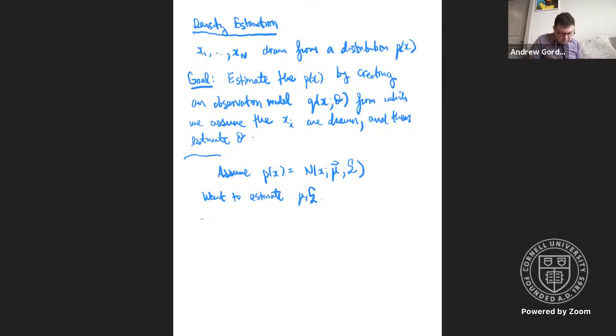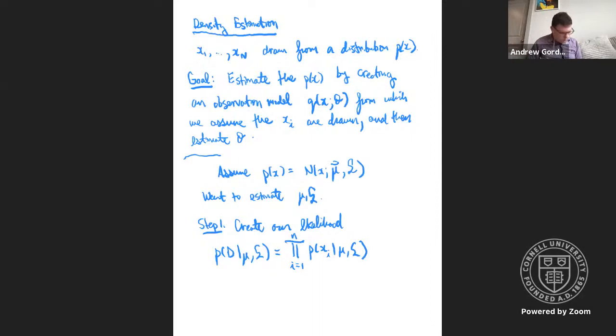So step one, just like before, let's create our likelihood. So the probability of the data, given these parameters, if we assume that they've been sampled independently from this distribution, is just going to be a product over the xi's, which is going to equal the product from i equals 1 to n of our Gaussian density.